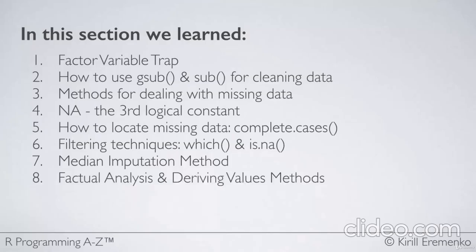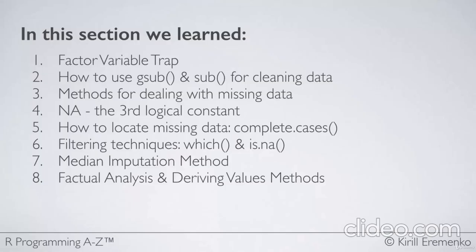And finally, we talked about the factual analysis and deriving values methods. So once again, we talked about how if you can predict something with 100% certainty, then it's not actually missing data. And also deriving values methods, where there's a mathematical relationship. We had a few examples of those, when you can calculate a missing value based on other values in the data frame.